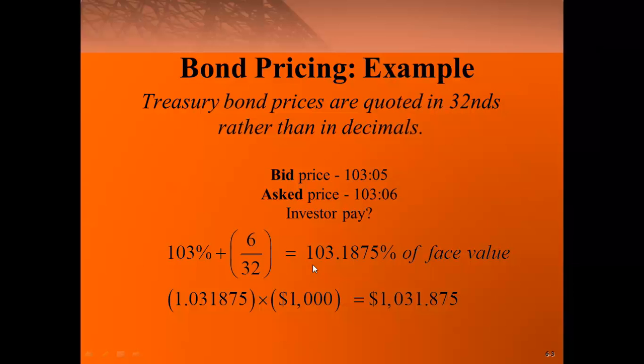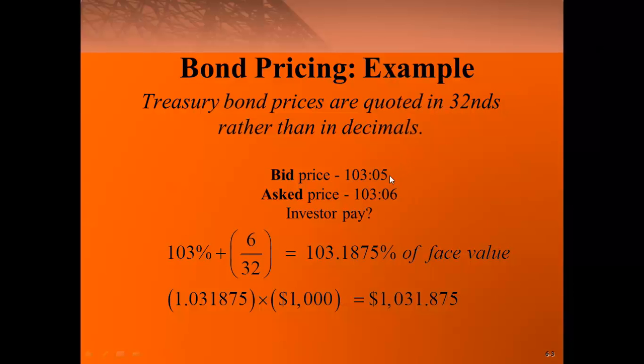So what we say is it's 103.1875% of the face value. In other words, 1.031875 times $1,000. In other words, it's trading at a price of $1,031.875. The face value for a bond typically is $1,000, and if it's not $1,000, it's usually mentioned what it is, but by default, the face value is considered to be $1,000.